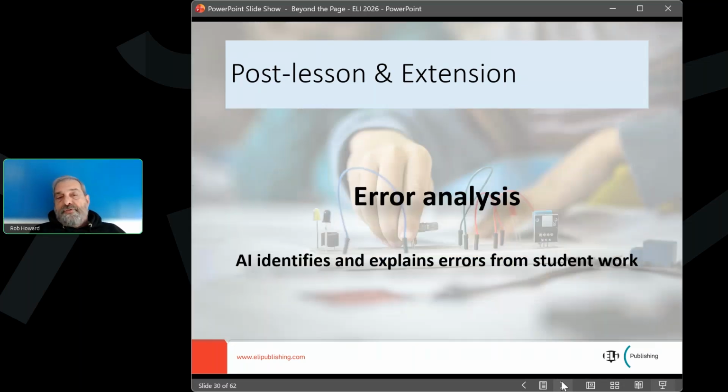Now, error analysis basically speaks for itself. It goes through and it'll identify and explain the problems that they're having from the student work. And this is something that I think is important for us, because error analysis, as I said before, is as much our fault as it is the student's fault, because perhaps we didn't present it the proper way.